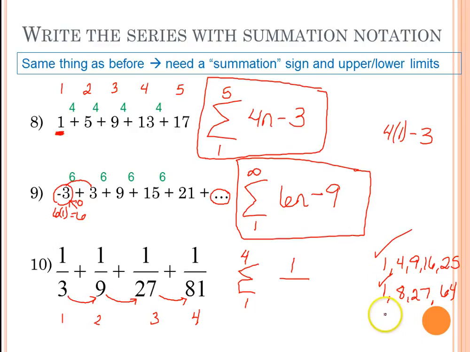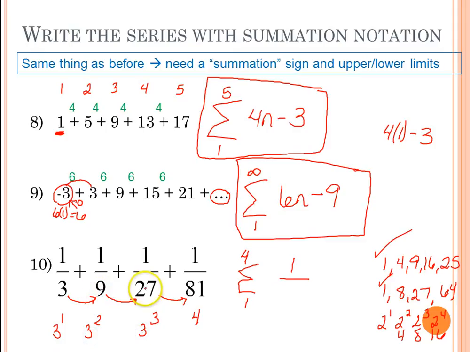Other things to look at are powers in a sense of n as a power. 2 to the first, 2 squared is 4, 2 cubed is 8. So going kind of the other direction, 2 to the fourth is 16. Well, how about 3? What's 3 to the first? 3. What's 3 squared? 9.